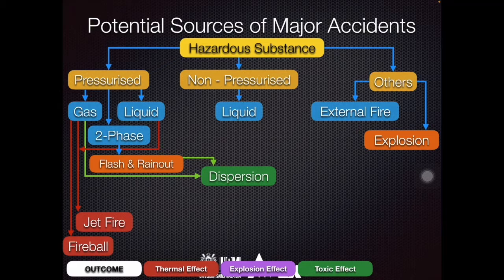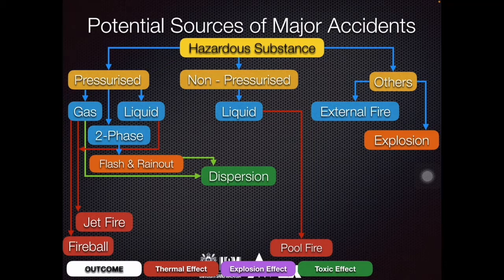For a two-phase pressurized hazardous substance, when there's a failure in the container or the storage tank, it will cause a flash and a rain out situation. If it's not a flammable material, or even if it is flammable but not ignited, it will disperse.